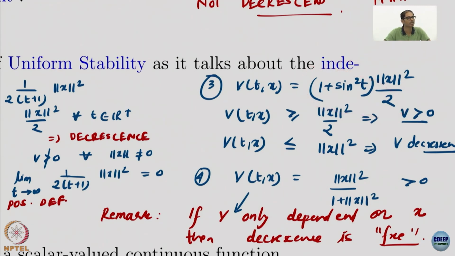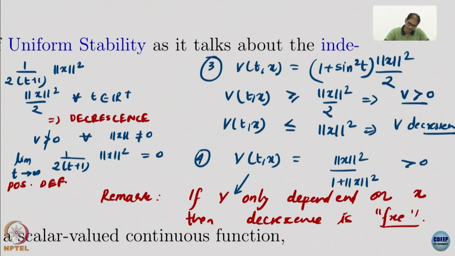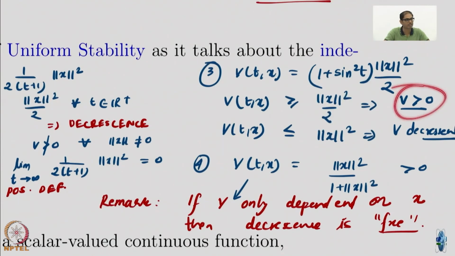1 plus sine squared t, times norm x squared by 2. So what do I know? It is greater than or equal to norm x square by 2. I already proved it for the purpose of positive definiteness, because sine square is lower bounded by 0, but then this is also upper bounded by norm x squared. So there is both a lower bound, greater than 0 lower bound, by the way, that is important. You can't have an equal to 0 lower bound or a less than 0 lower bound.